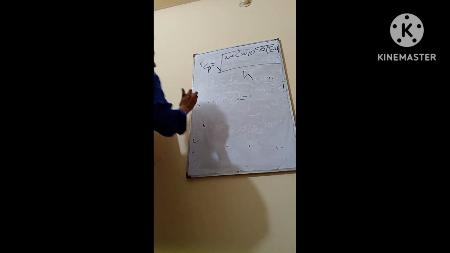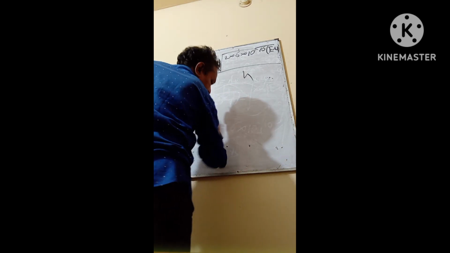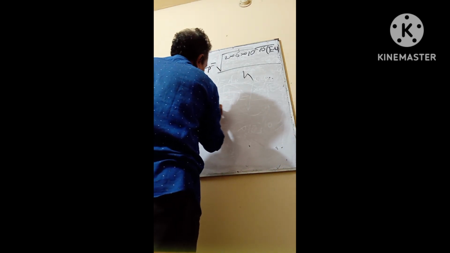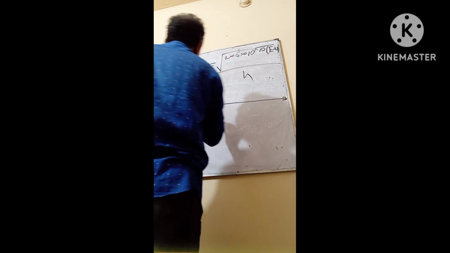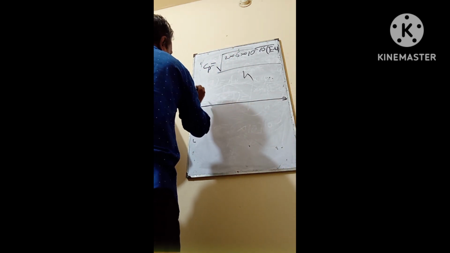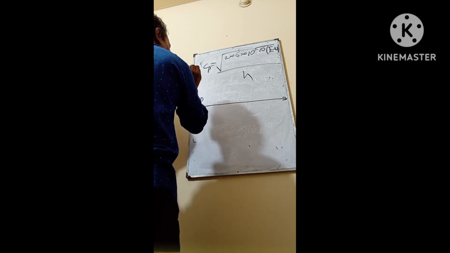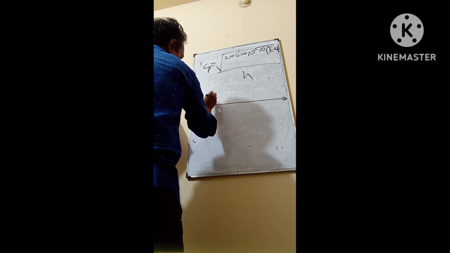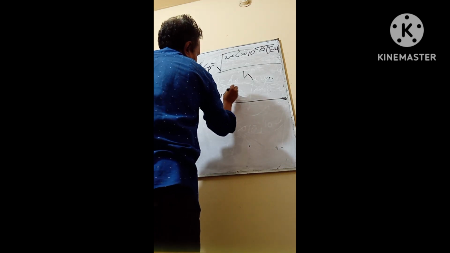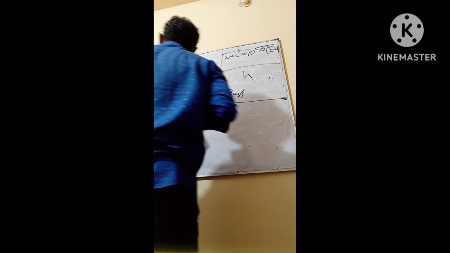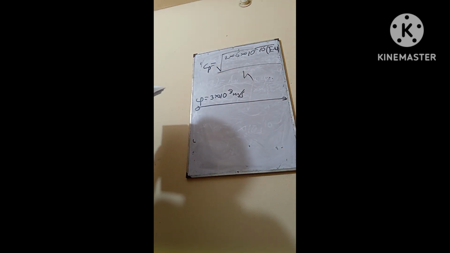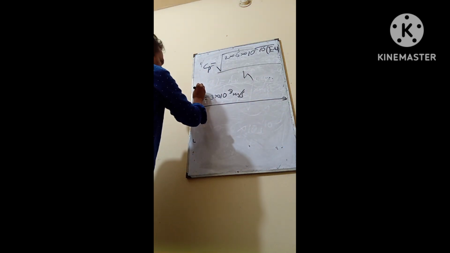Photon particles. Now I have to draw another system. Photon particles. CP is the velocity of photon, 10 to the 8 meter per second. Energy EP.